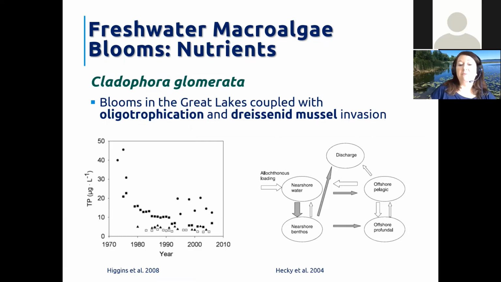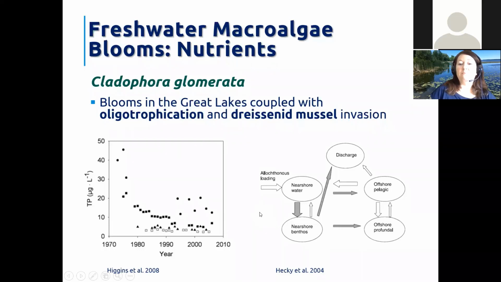And famous work was done back in the early 2000s in Bob Hecky's group, where they were able to show that as allochthonous nutrient loadings were coming into the nearshore zone of the Great Lakes, rather than the nutrients with upwelling events and so forth being dissipated and transported into the pelagic zone, there was this nearshore shunt of nutrients that was being trapped by the filtering activity of the Dreissenid mussels.